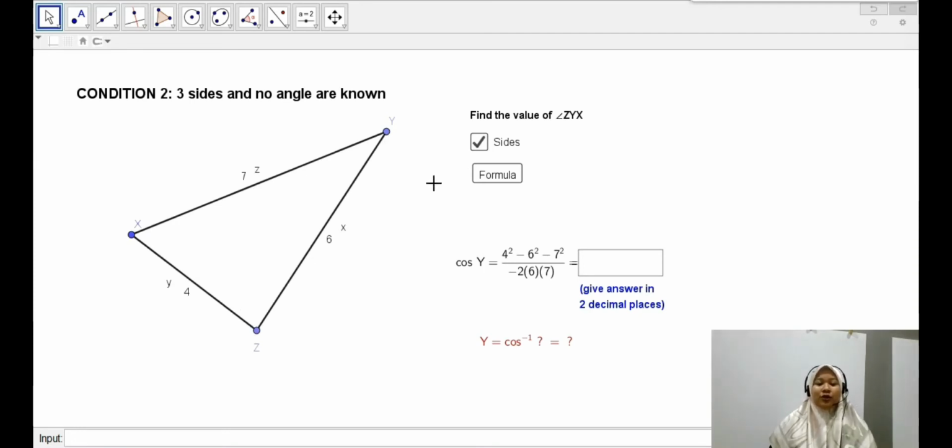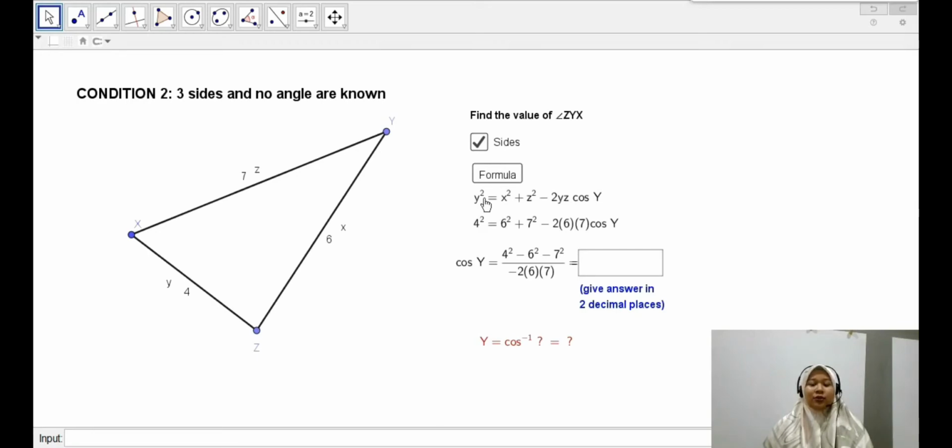Now we are to find the angle at vertex Y. So what will be our subject? X square, Y square, or Z square? We will use y square because we have to find the angle at vertex Y.